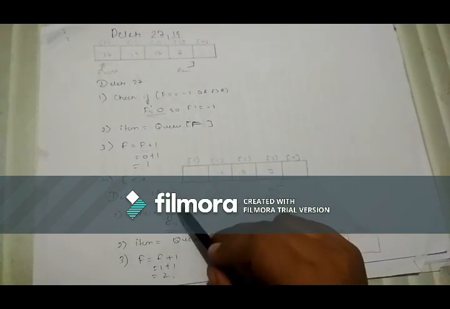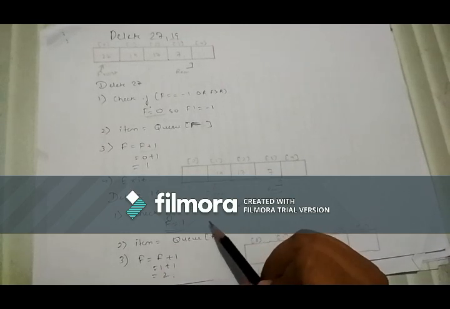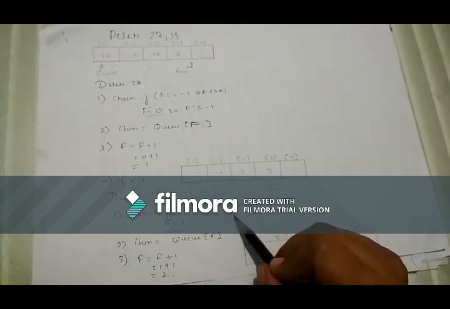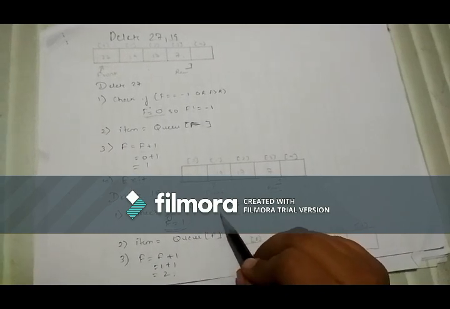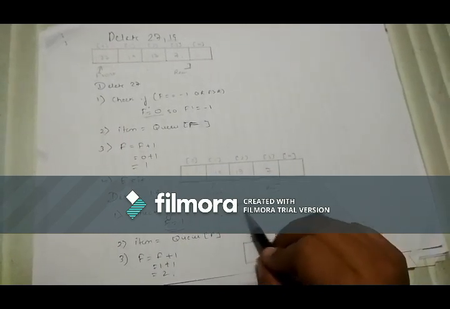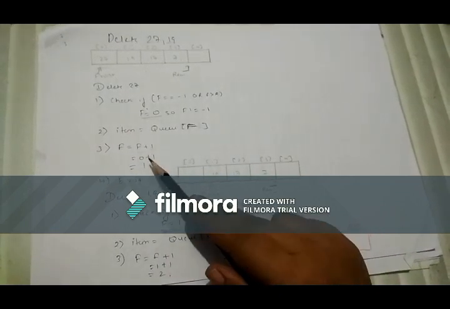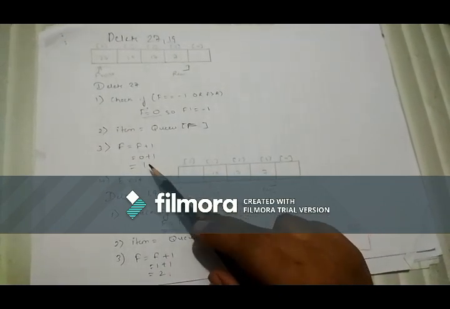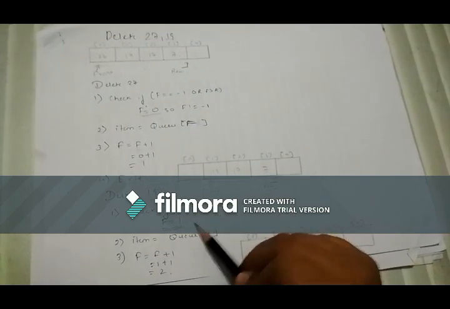Next, we have to delete 19. So again we will check the underflow condition, that is f is equal to -1 or f greater than r. But as we incremented f by 1 earlier, we know the value of f is 1.